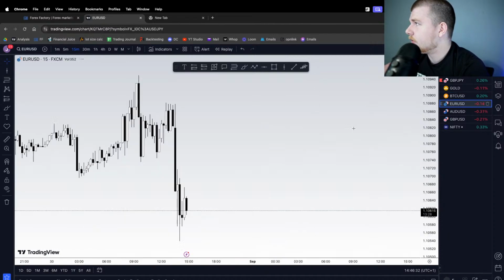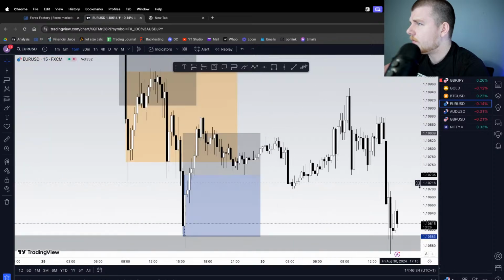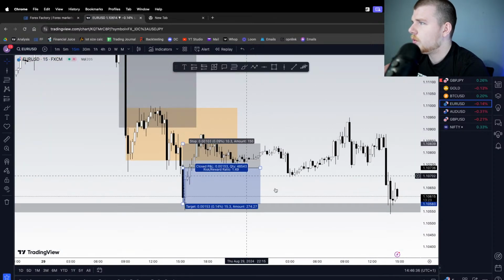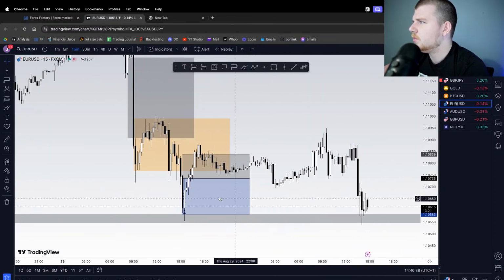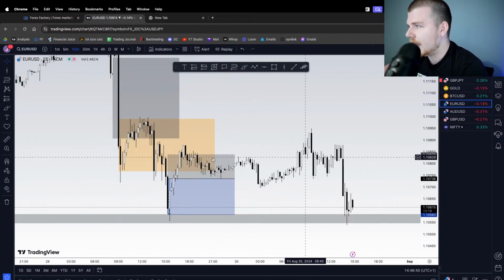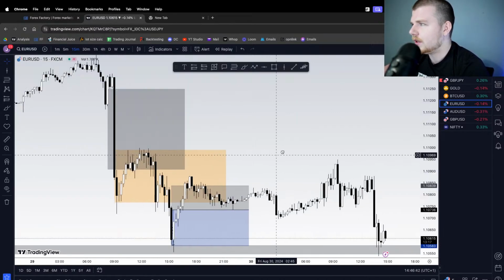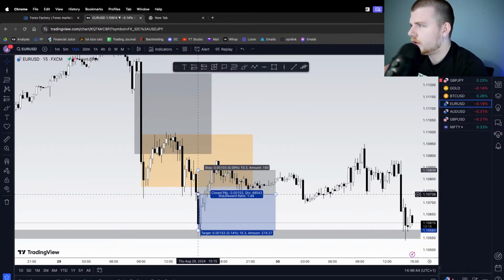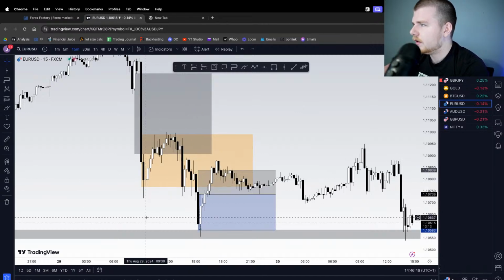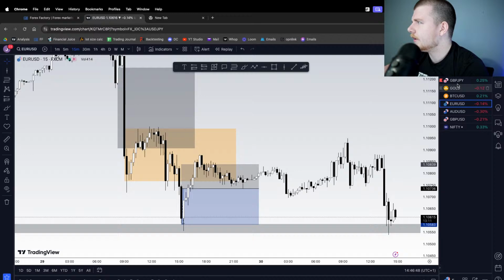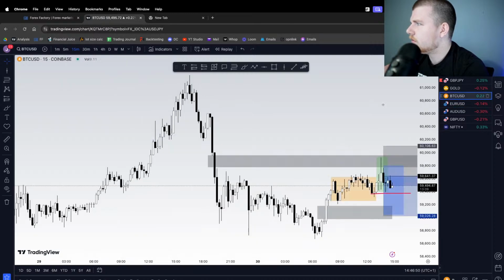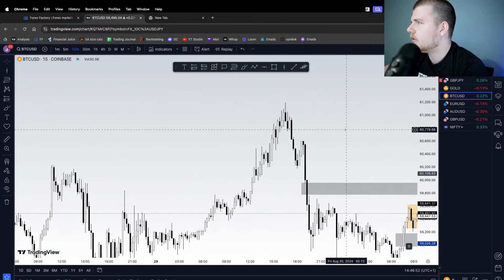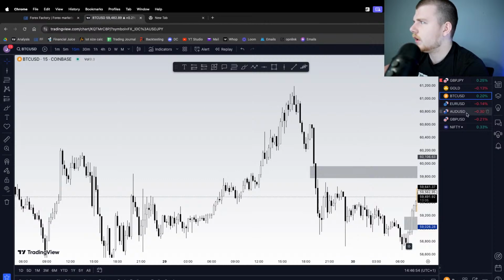And then we've got Euro USD. I called this move. I think we were looking at manipulation. We didn't even end up moving anywhere. But we did catch this trade. We could have caught this trade right here. Live. I called that live. So that's what, 2? Oh, yeah, Bitcoin. I've removed the analysis from Bitcoin.